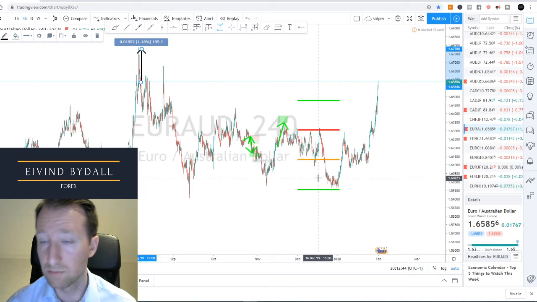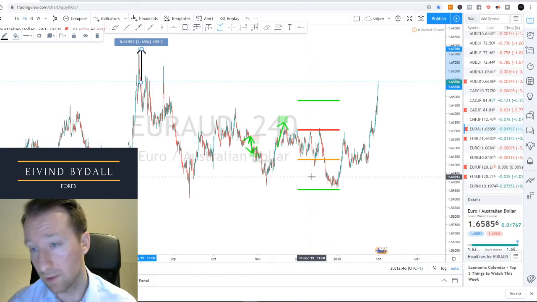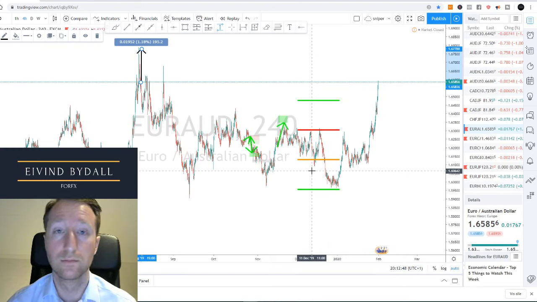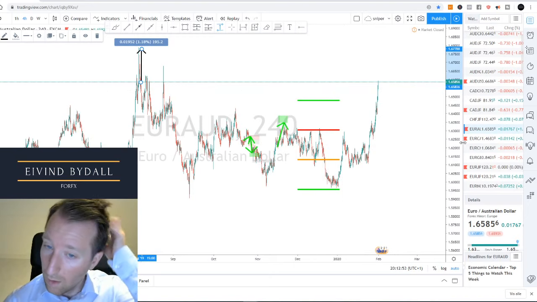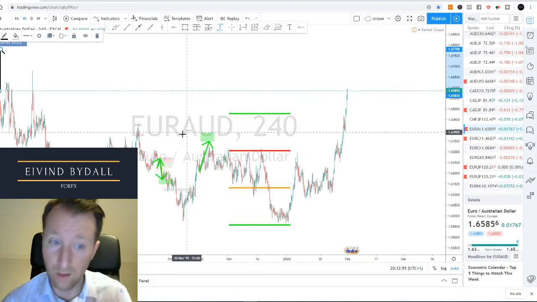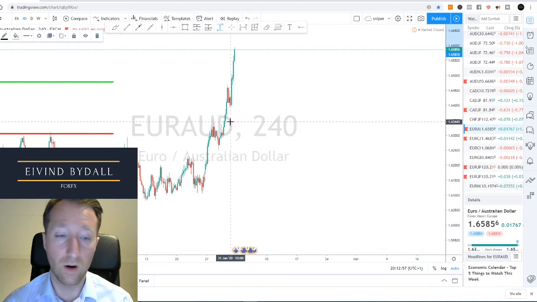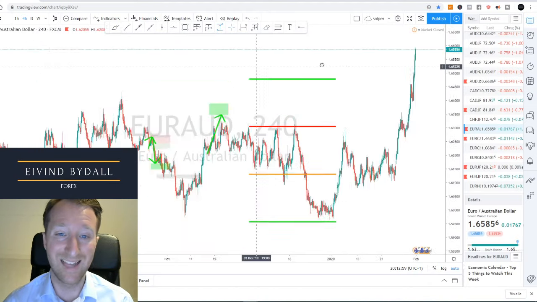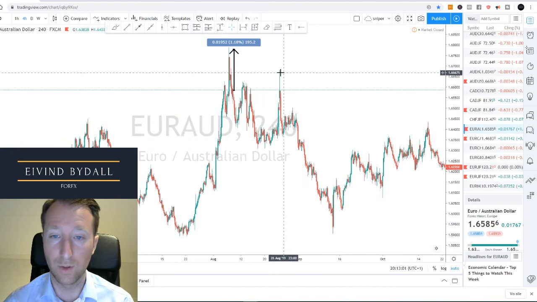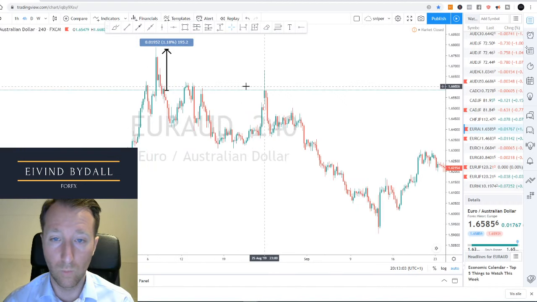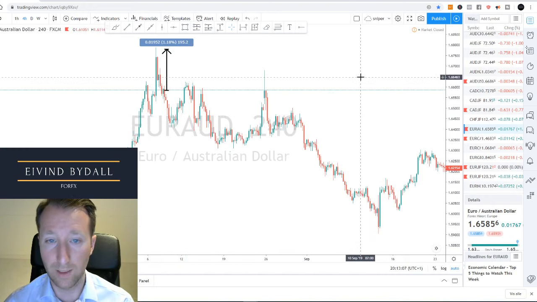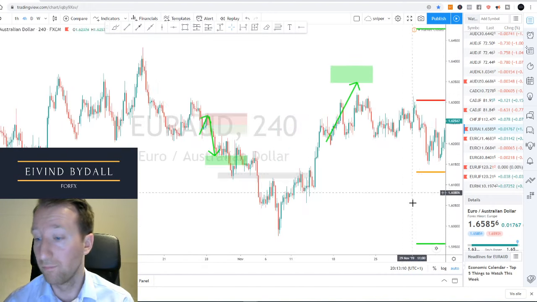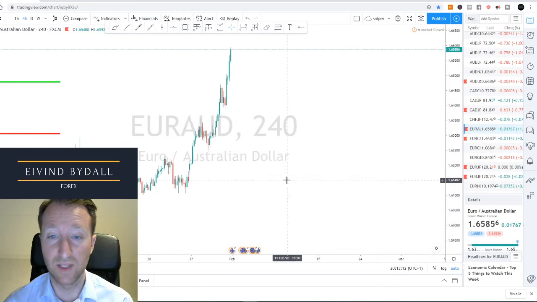So for buyers, this is nothing. For sellers, this is nothing, unless it makes a reversal of double top. But also when you're stretching so far, what is likely going to happen, as I said about Aussie USD, is that when it just goes up, it falls back down again. Yeah, that's my technical analysis of this.